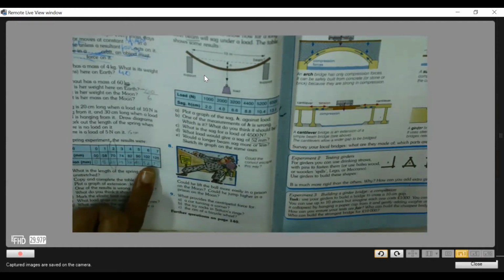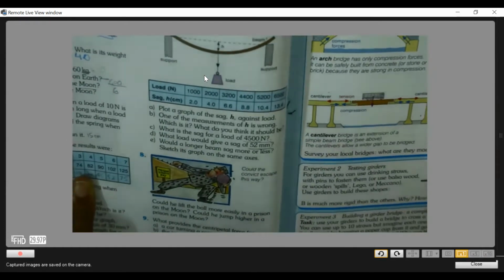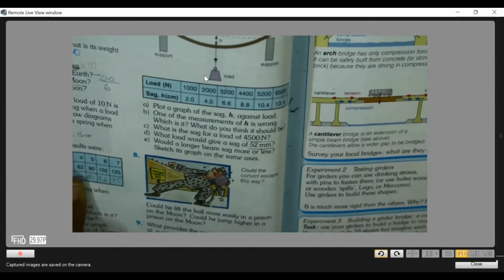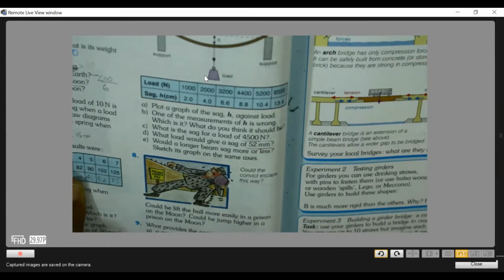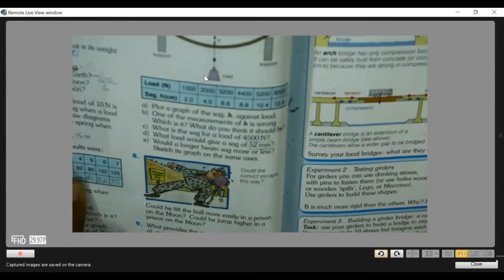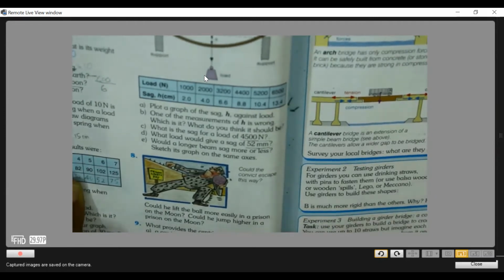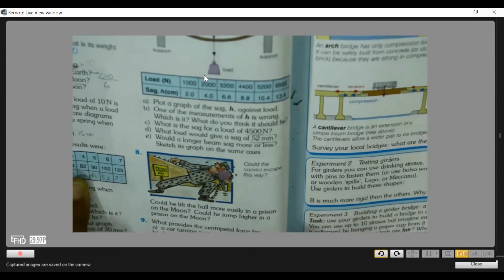Now, if you look at the picture, what is the convict doing? He has a steel ball, which is chained to his foot, and he is trying to throw that ball, right? So what will happen when he throws the ball? The ball is heavy and he's tied with a chain, so the ball will fall on him.